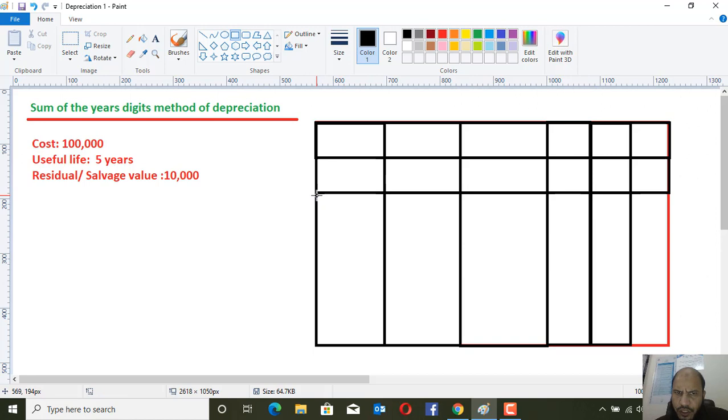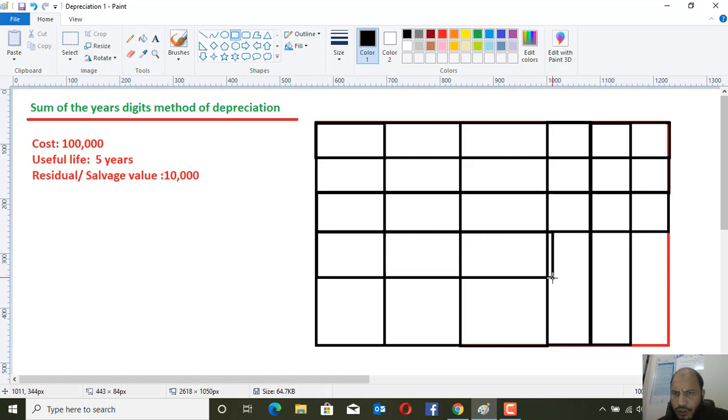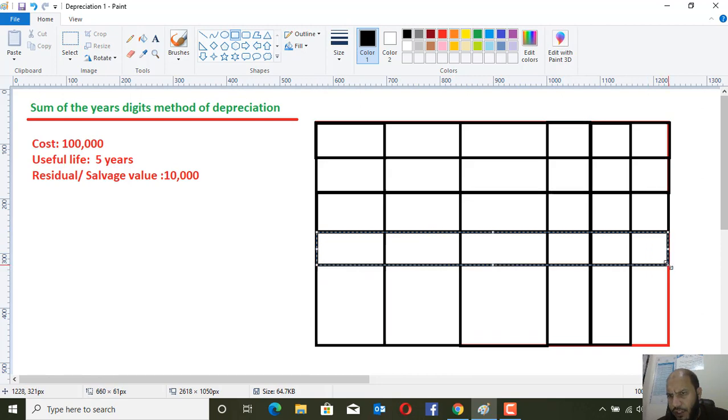So this is the year 1 row, this is the year 2 row. We are explaining about the rows now. We are drawing the rows, up to row 5. Okay, good. So we have done the rows.